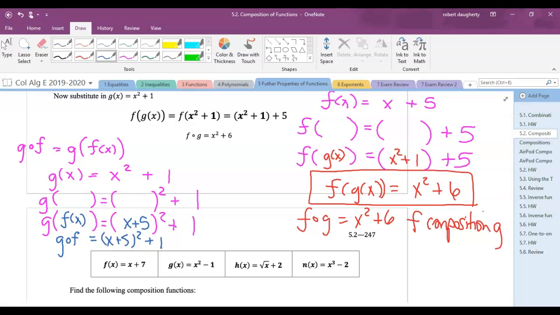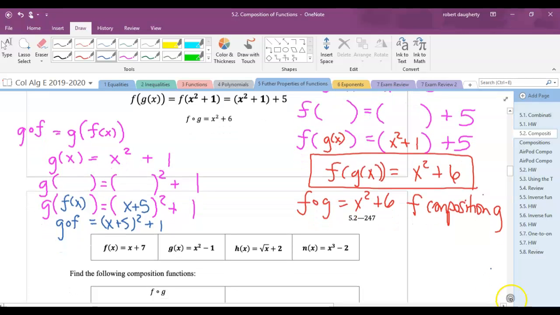Are they the same? F composition g and g composition f? No, they're different functions. Okay, so the order mattered in which way I performed that operation. This is similar to what we were doing when we did even and odd, when we had to substitute f of negative x, negative f of x. Okay, plugging things in. So all you're doing is plugging one function into another function. Okay, let's do a few more examples of this.